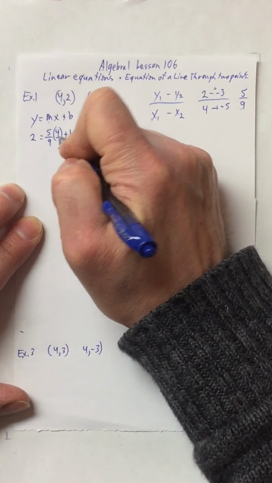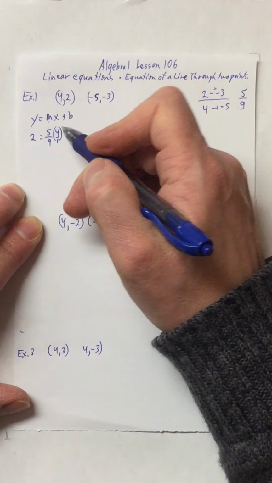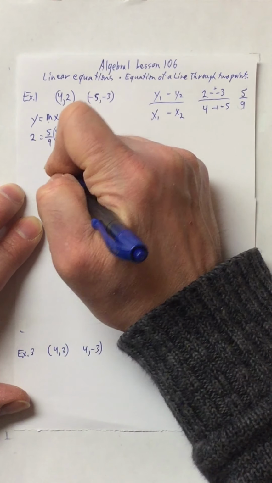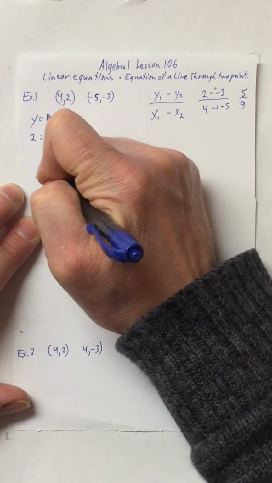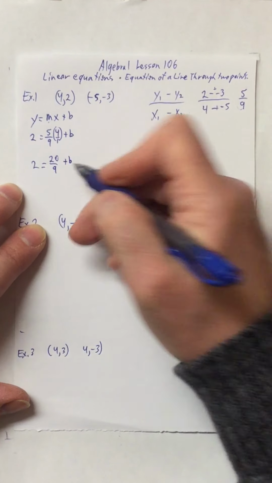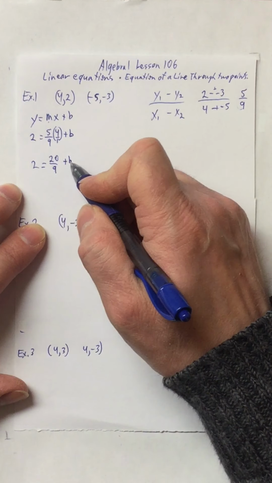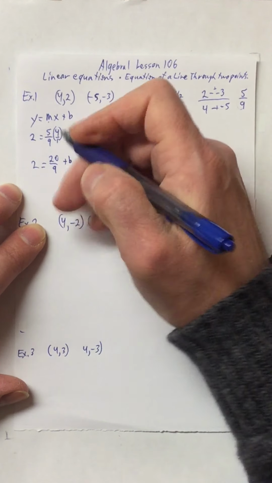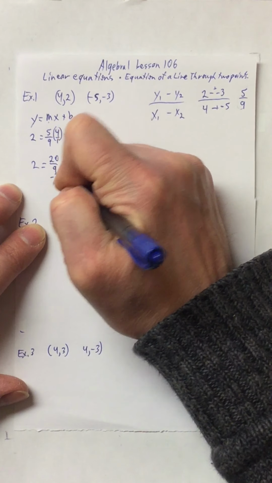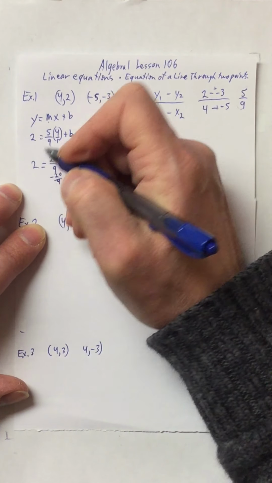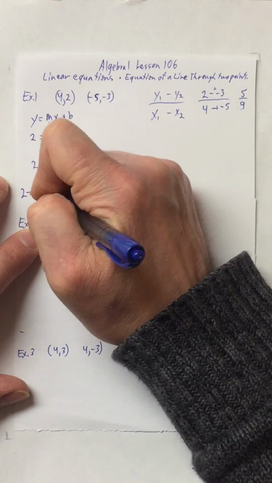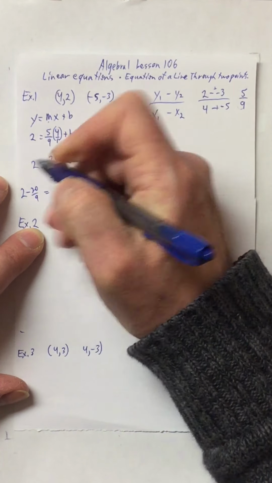So we have multiplication here with the 2 fractions. That gives me 20/9 equals 2 plus b. And then I want to remove this fraction from my variable. It's connected by addition, so I'm going to subtract it on both sides. So I get 2 minus 20/9 equals b.